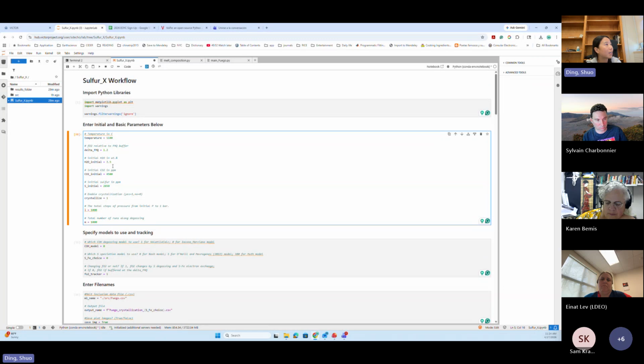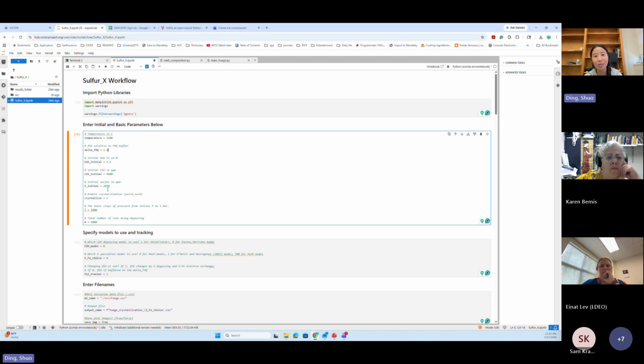Since we're modeling decompression degassing, this would be the highest water, CO2, and sulfur concentration you think this magma could have pre-decompression. When SulfurX runs, it will first calculate the saturation pressure. That would be the starting point of the decompression modeling. And then it will decrease pressure, and we can choose how much pressure decreases at each step later. So this is the initial volatile concentration.